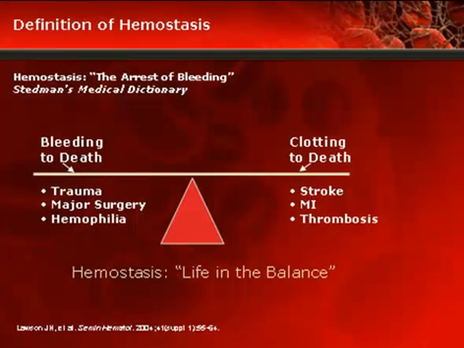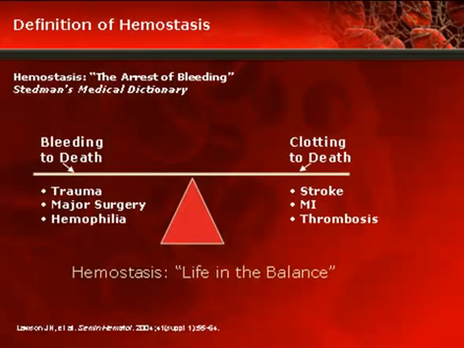Okay, so we talked a little bit about the plaque formation causing blood clots. And I liked this little slide, hemostasis, life in the balance, right? So we have to balance between clotting to death and bleeding to death.